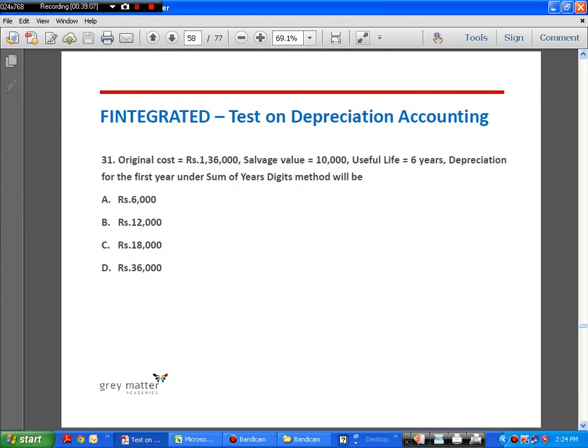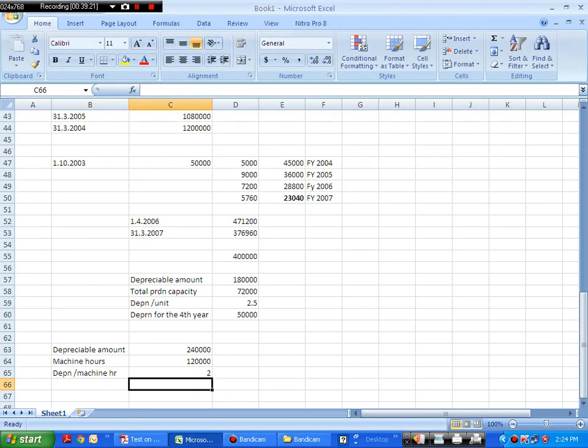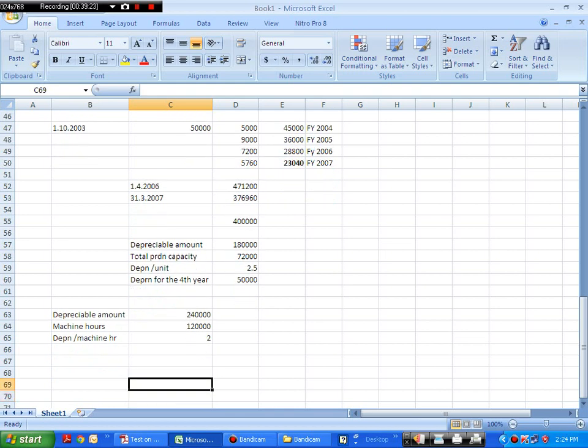Next, original cost is 1,36,000, salvage value is 10,000, useful life is 6 years. Depreciation for the first year under the sum of years digits method will be. Okay, so under the sum of years digits method, depreciation is calculated on original cost minus salvage value.